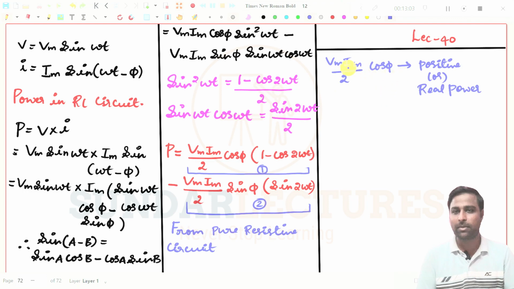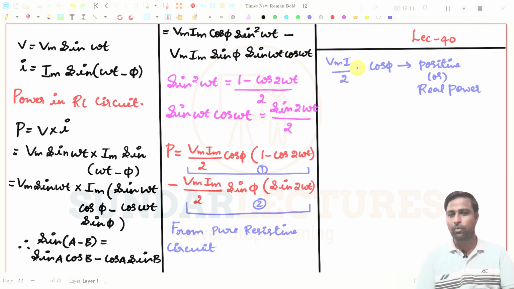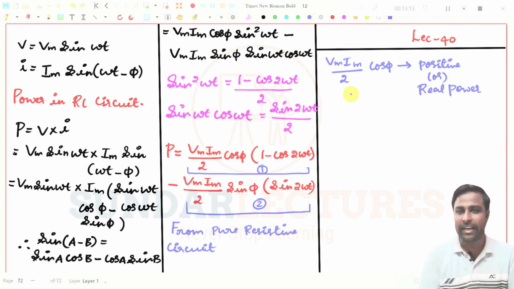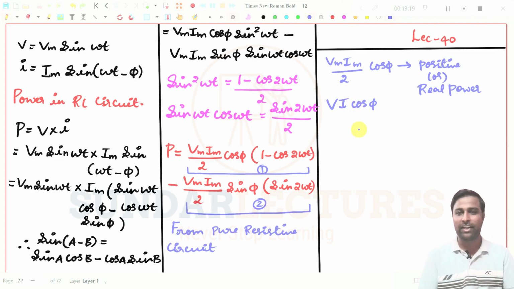This is Vm Im by 2 cos pi. If you divide it by root 2 into root 2, we can write this as Vi cos pi. I don't need to write RMS value, I have told you already. So this is the real power.